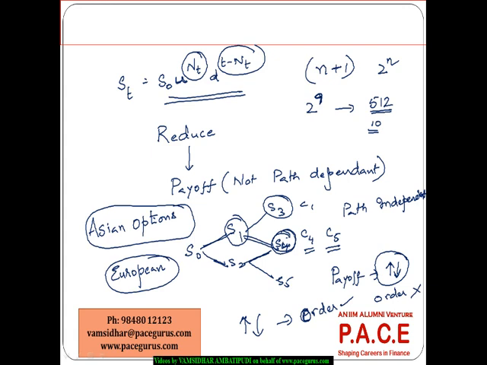So in the n period binomial tree model, when we are doing a recombining of the trees, we are going to get n plus 1 states, and this kind of recombined binomial tree, in other words, is also called a binomial lattice.